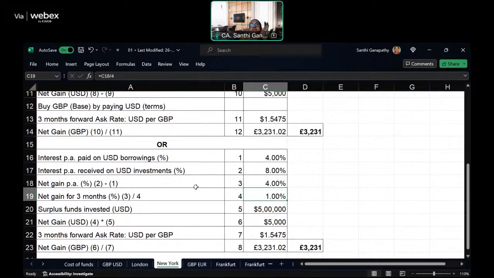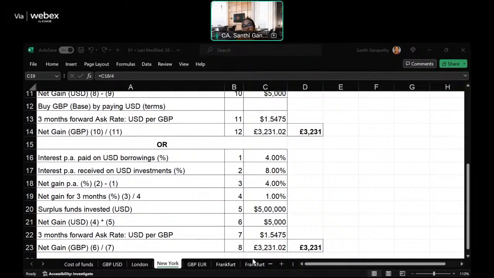I have USD, I'm going to invest in USD only. The difference in interest rate I could take on surplus funds, that 1% is the differential I will get. Convert it into GBP. Same story. This is another way in which we could have found.